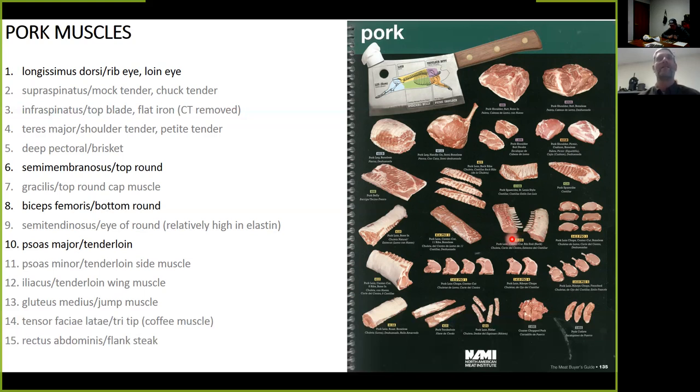Yeah, good. Okay. What about the psoas major here? Can you find some cuts with that muscle? 415. Maybe. Yeah, 415. Yep. That is the tenderloin.